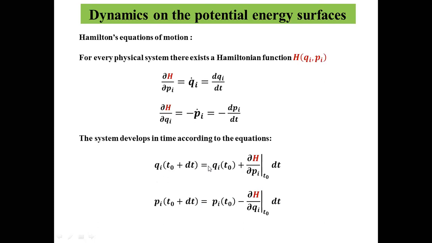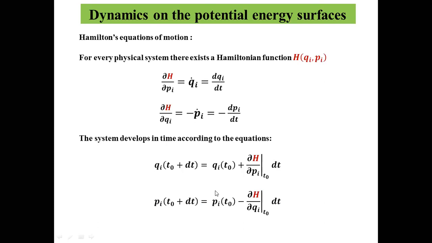That can be obtained from qi at t0 plus the derivative of the Hamiltonian with respect to momentum times time, right? In exactly the same notion, we generate the momentum also like this, right? I think you are quite familiar with this, so I'm not going to go into the details.